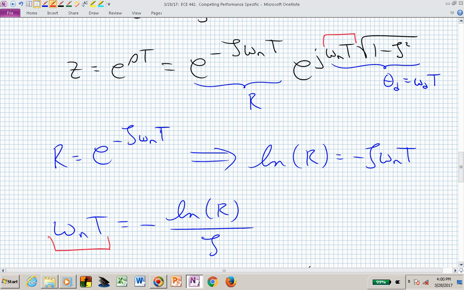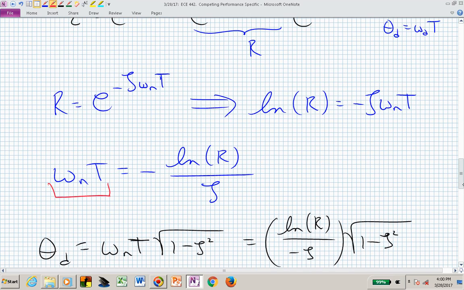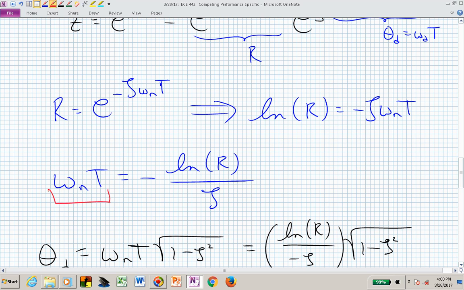Once we have r and theta sub d, we are good to go in terms of finding the points for these two complex pole pairs. They are at r at an angle of plus and minus theta sub d, the real part being r cosine of theta sub d, the imaginary part being r sine of theta sub d, where theta sub d is omega sub d T.